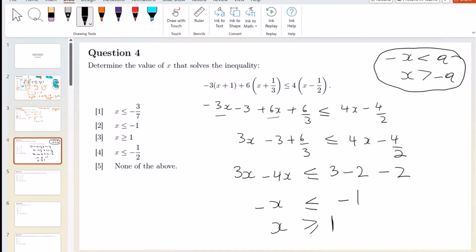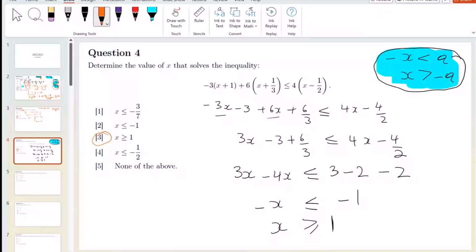Okay, this is a very important concept: if you are going to divide an inequality by a negative, your inequality needs to change direction. Okay, so your answer there should be 3.